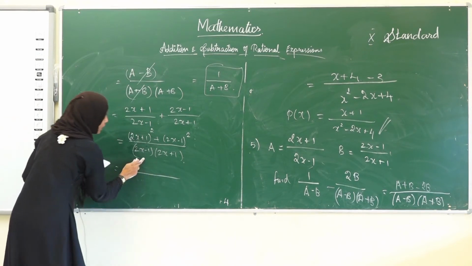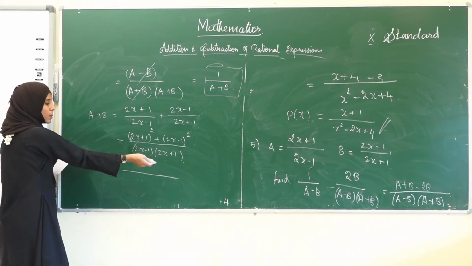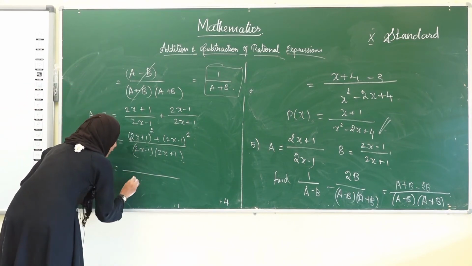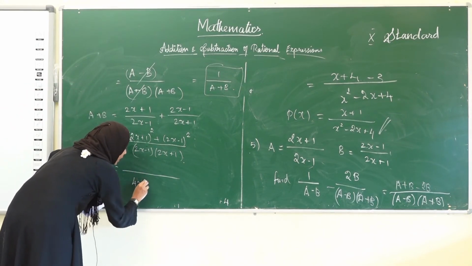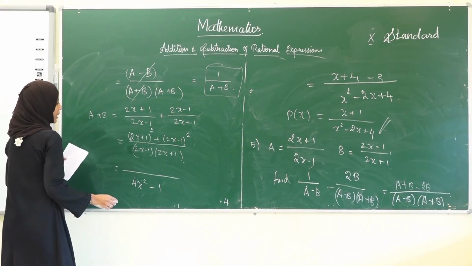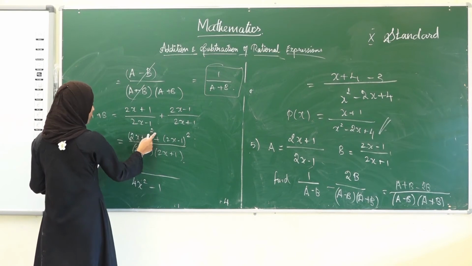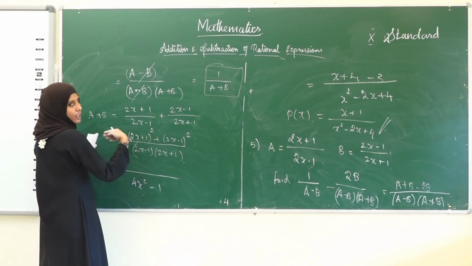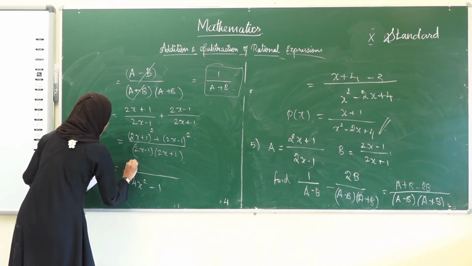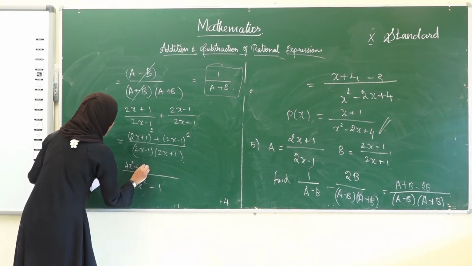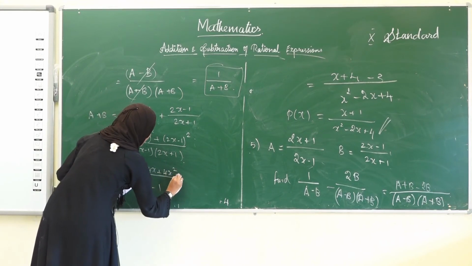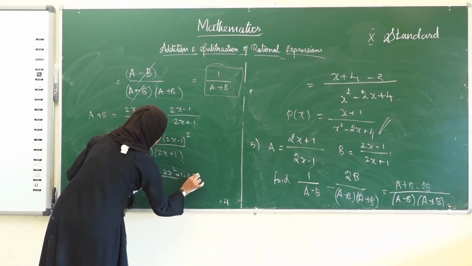See here, the denominator is in the format of a minus b into a plus b. Therefore, we can write it as a square minus b square. That is, 2x square is 4x square minus 1. Now we have to expand the numerator, that is a plus b the whole square: a square, that is 4x square plus 1 plus 4x, plus 4x square plus 1 minus 4x.